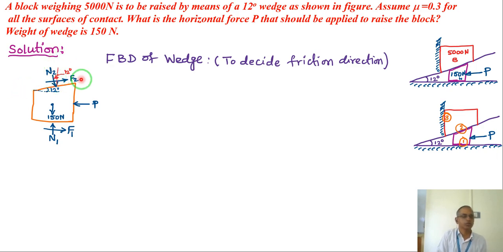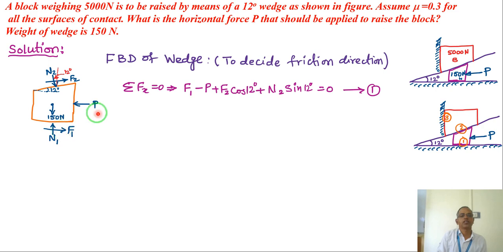Very simple. F2 cos will be horizontal, F2 sin will be vertical, N2 cos will be vertical, N2 sin will be horizontal. That's all. So summation of x: F1 horizontal, P is horizontal, minus F2 cos 12, N2 sin 12, with right hand side positive.